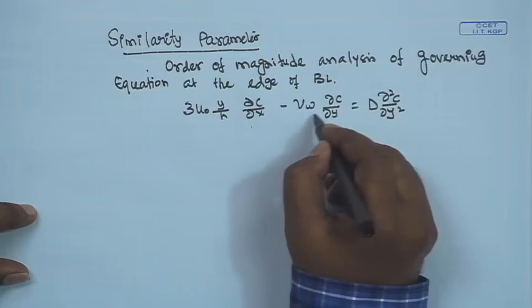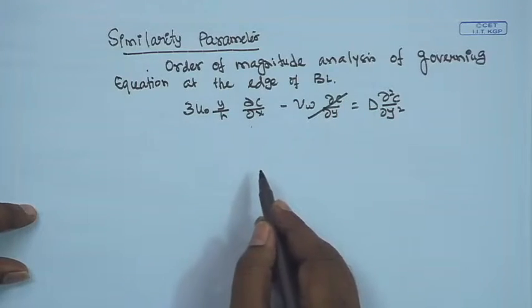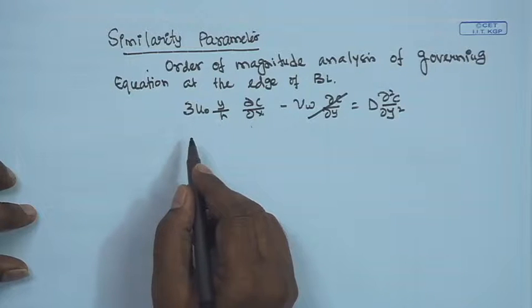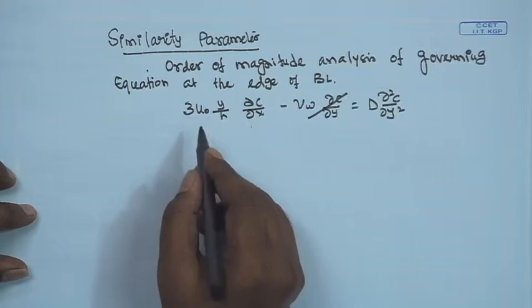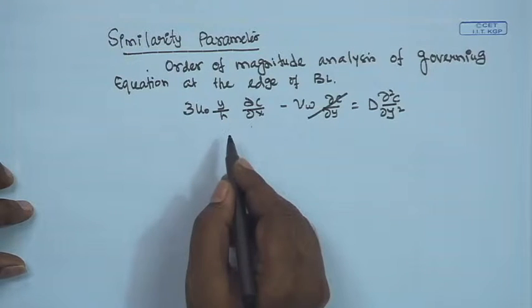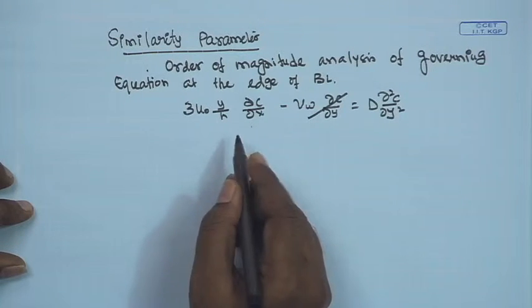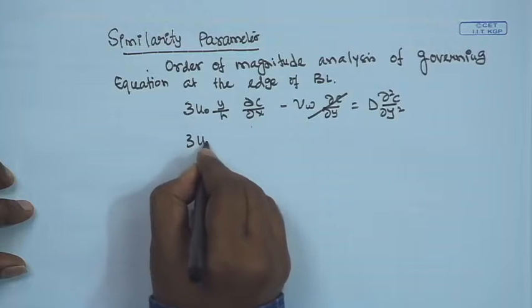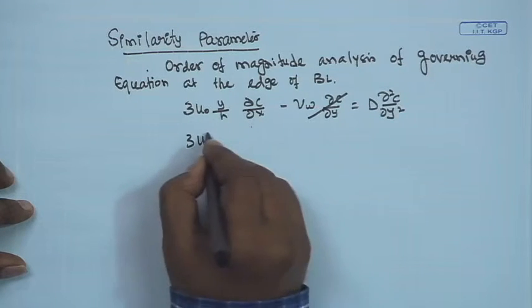That means at y equal to delta, del c del y equals 0, del T del y equals 0, and del u del y equals 0 in the hydrodynamic boundary layer. So this term will be gone, and we evaluate the rest of the equation from x equal to 0 to a small value of x. So, 3 u0 at the edge of the boundary layer, y equal to delta.